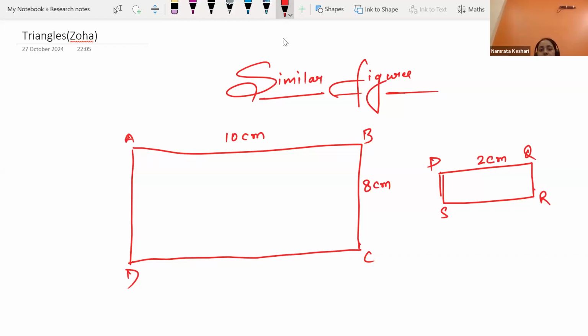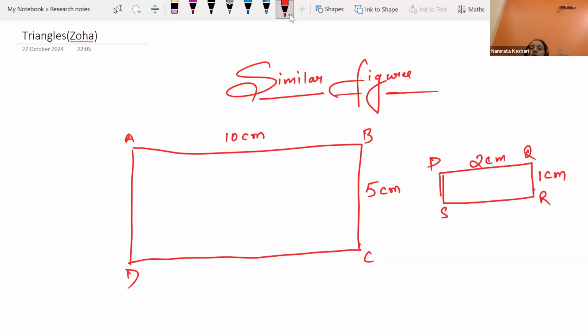And here the breadth is, or maybe let me change the data. Okay, this is how we have maintained the length and breadth of these rectangles. Now it is perfectly fine.